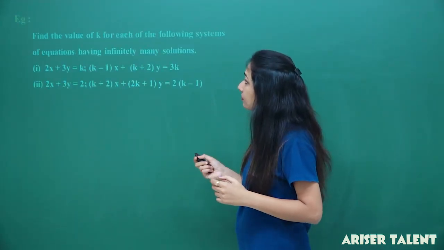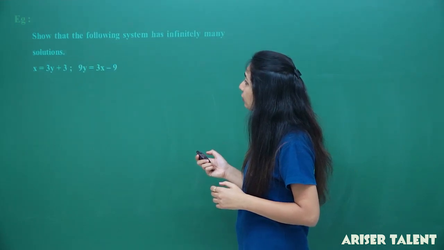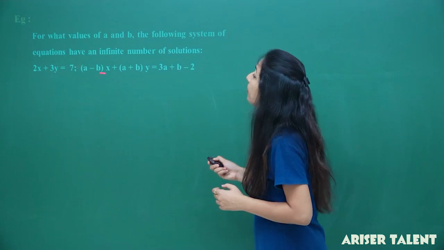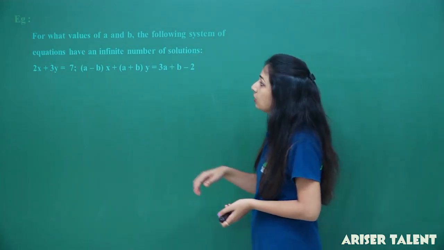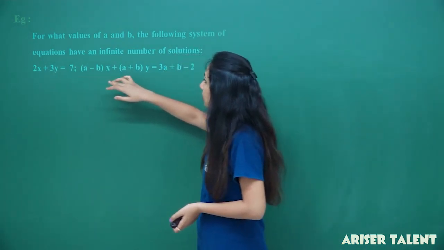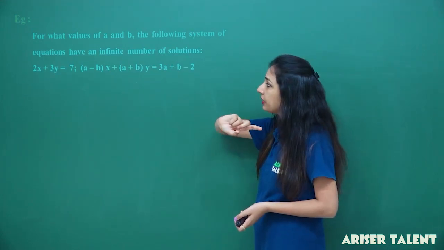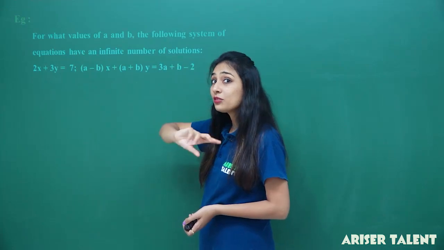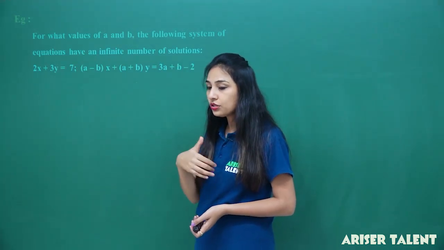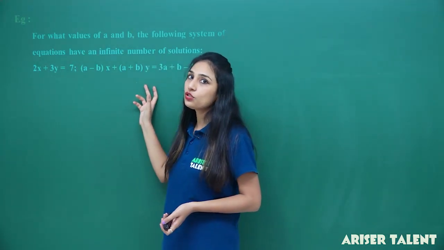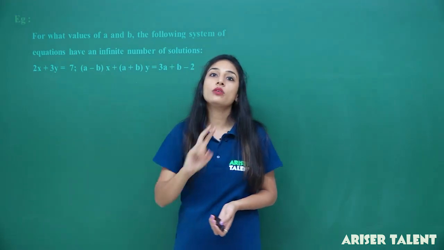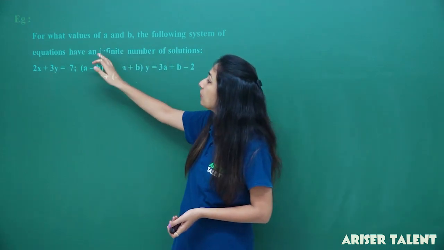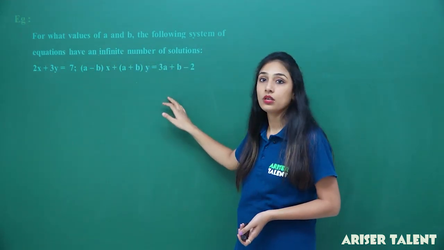So if I go with the question here, an infinite number of solutions. I have these two equations, and in them I have two unknowns. The concept is that I have to make at least two equations from these parameters, using this infinite number of solutions condition.